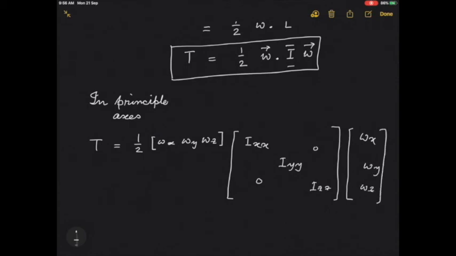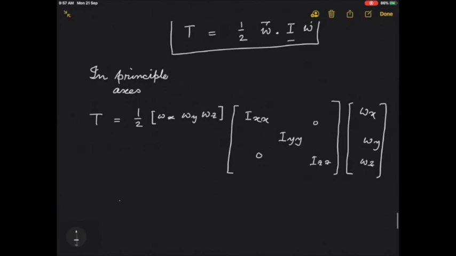These are all 0 because I am in principal axis, and again ωx, ωy, ωz here. If you do this, it's very straightforward. Actually, we have already done this part.